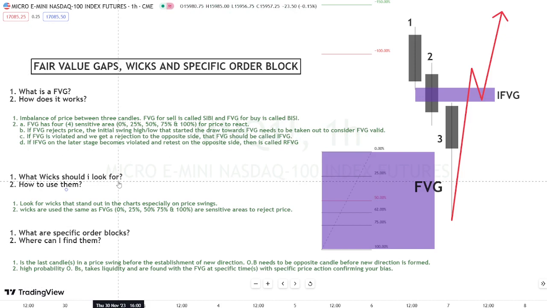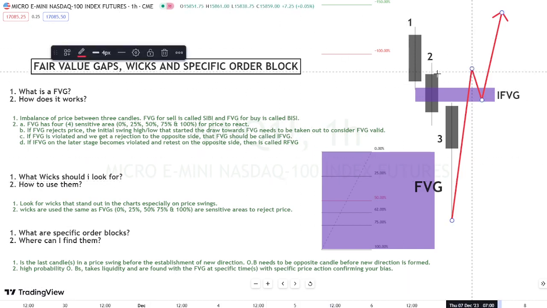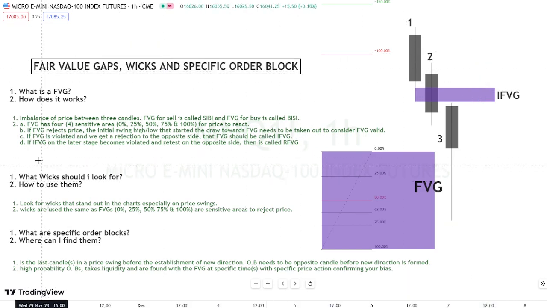Then we have the invasion fair value gap. Follow this. I will use this red line right here to illustrate everything I'm talking about. If a fair value gap is violated and we get a rejection to the opposite side, that fair value gap should be called an invasion fair value gap.